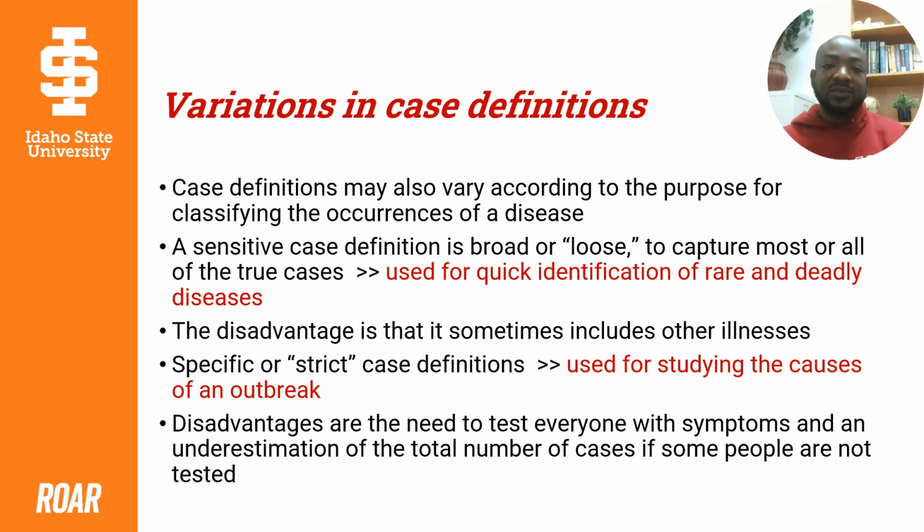For instance, in an outbreak of salmonella infection, the investigators would be more likely to identify the cause or the source of the infection if they included only persons who were confirmed to have been infected with that organism, rather than including anyone with just acute diarrhea, because some persons may have had diarrhea from a different cause. And in this setting, the only disadvantages of a strict case definition are the requirement that everyone with symptoms be tested and an underestimation of the total number of cases if some people with salmonellosis are not tested.